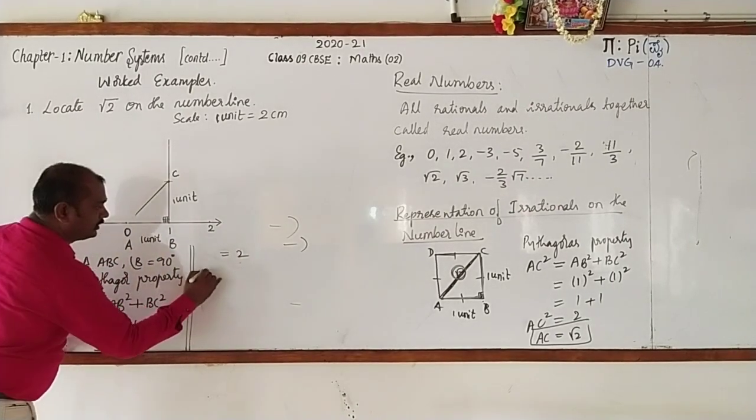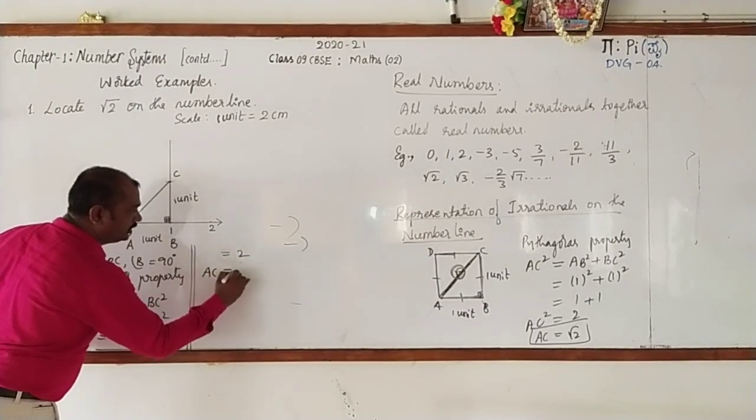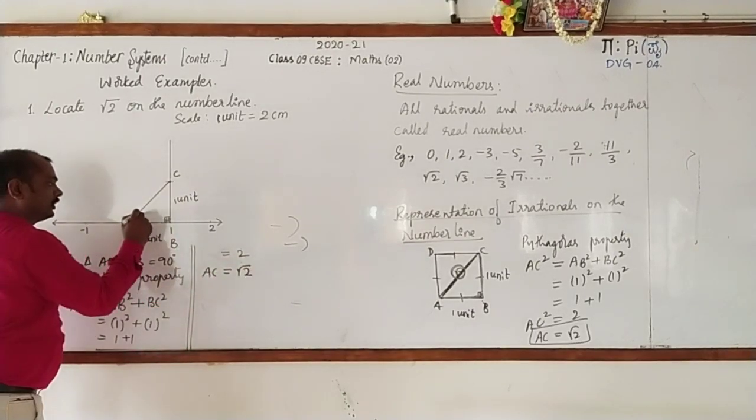Then we want AC. AC square equal to 2, AC equal to root 2. Now you can write here, it is root 2.